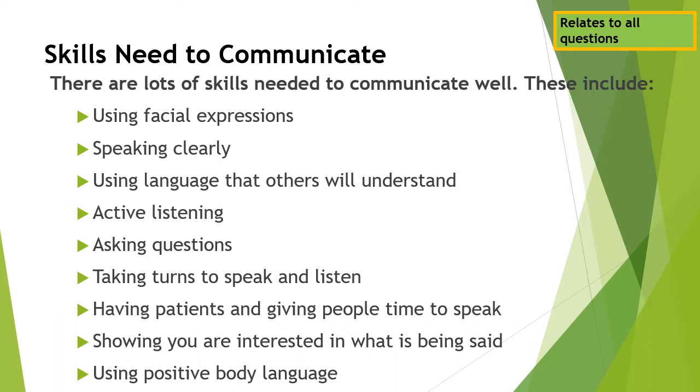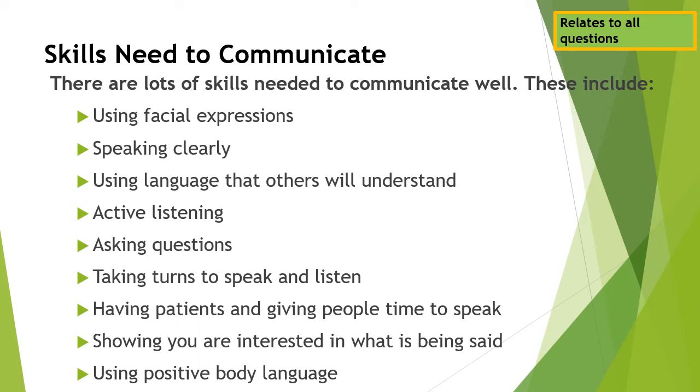Speaking clearly is really important when you're communicating. People need to be able to understand, so by speaking clearly, that's one way that people will understand what you're saying, and again, you will understand what others are saying. Using language that others will understand, so that means age-appropriate language.